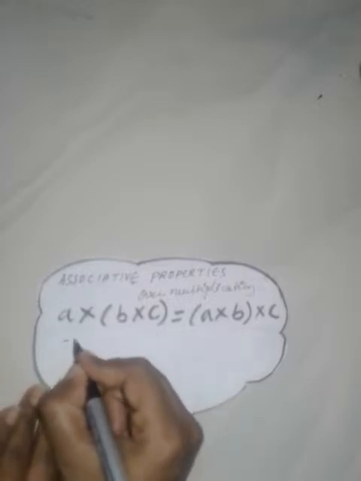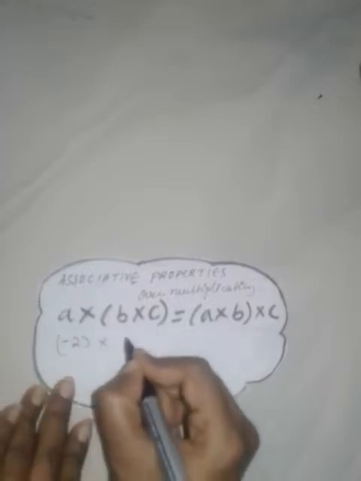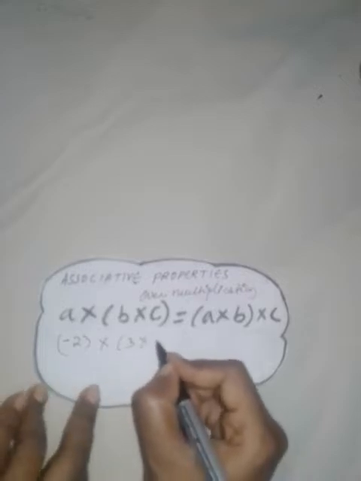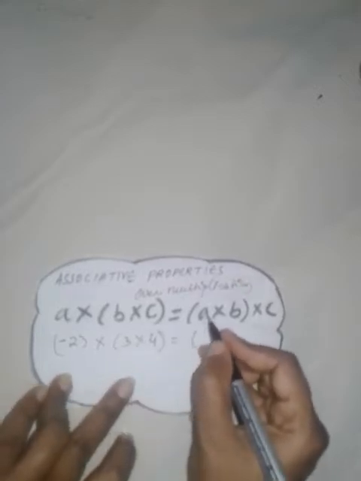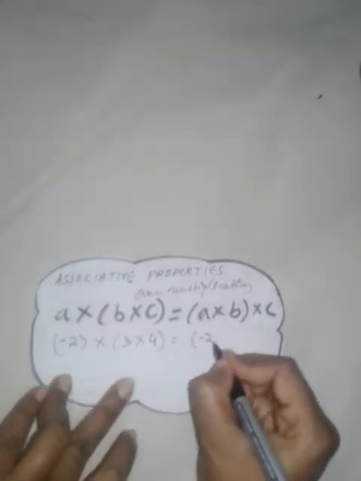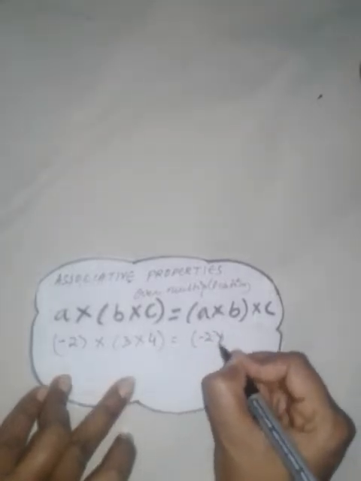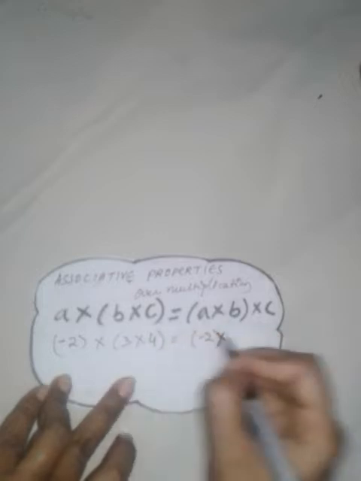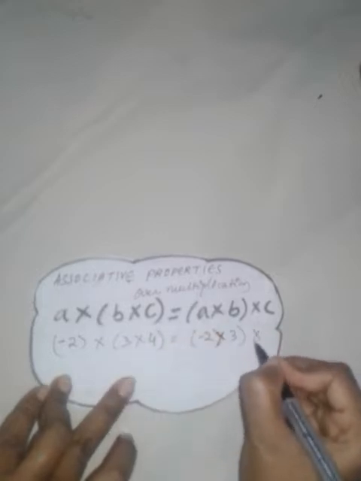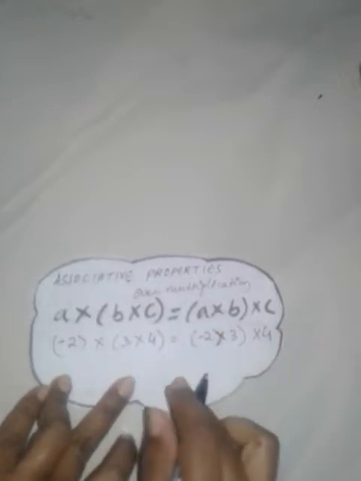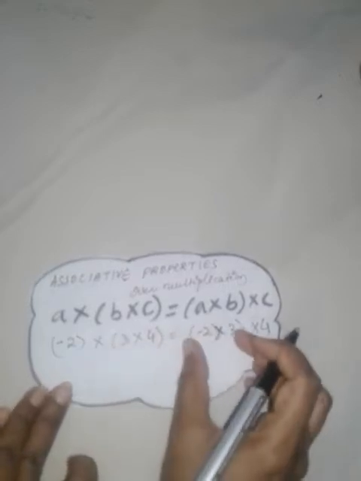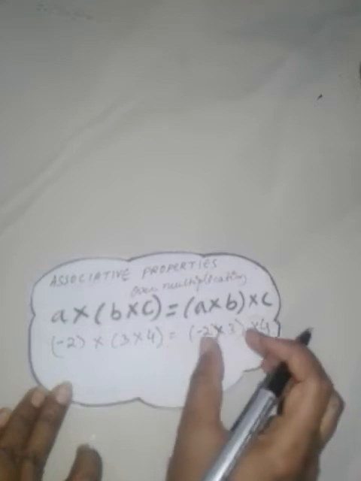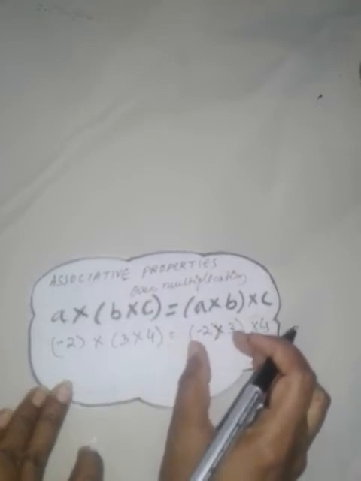Suppose A equal to minus 2, B equal to 3 and C equal to 4. We can bracket B into C here, and on the right hand side we can bracket minus 2 and 3.